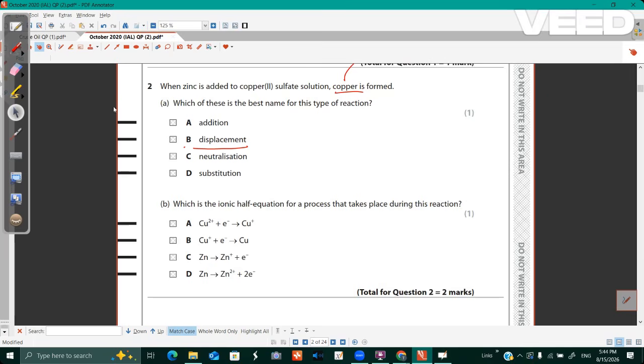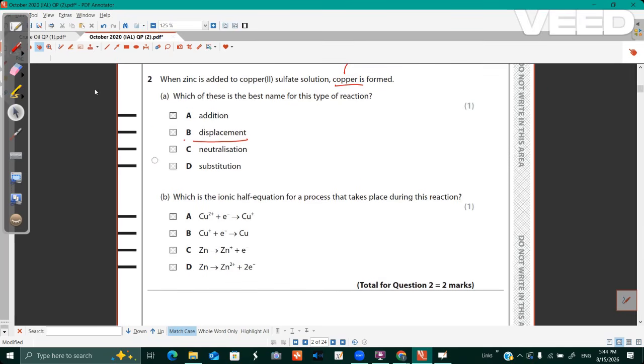So they are asking for the ionic half reaction. As you know, copper being displaced means copper is reduced, right? Now remember, copper is completely being reduced. But you can leave this for later because we have to pick the best answer.